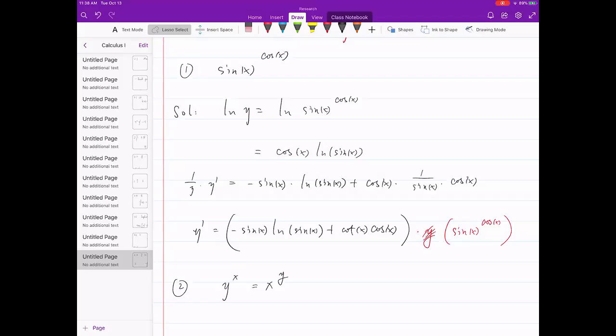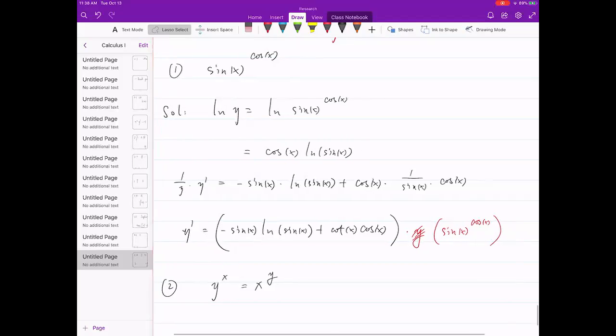Were you in like the second or third step? How do you get the plus cosine of x? Here? Hold on. Yeah. The other one. How did they get cosine x?